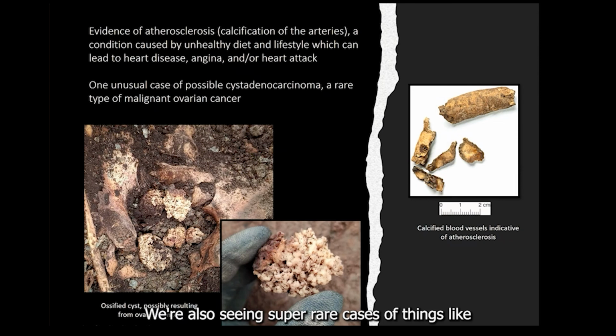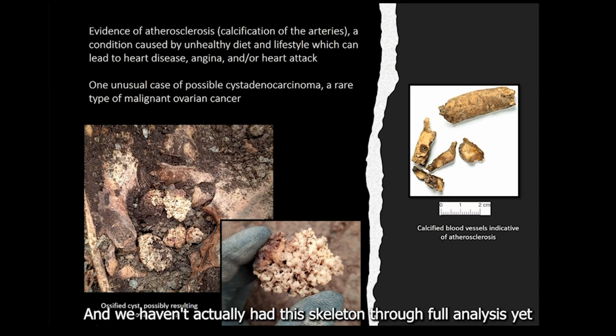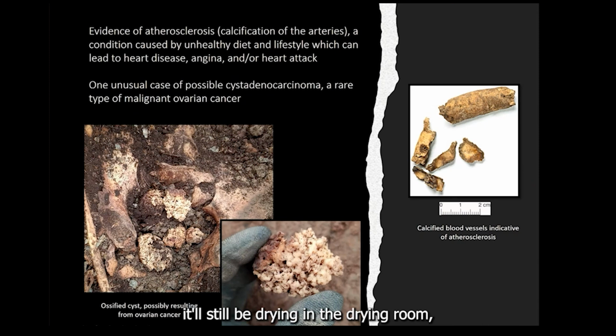We're also seeing super rare cases of things like this other example that I have on the slide, where my colleague Abby was out in a tent assessing a skeleton a few weeks ago, and she noticed that there were these large balls of what looked like, I don't know, cauliflower or popcorn or something in the pelvic cavity of this skeleton. And we haven't actually had this skeleton through for full analysis yet. It'll still be drying in the drying room.